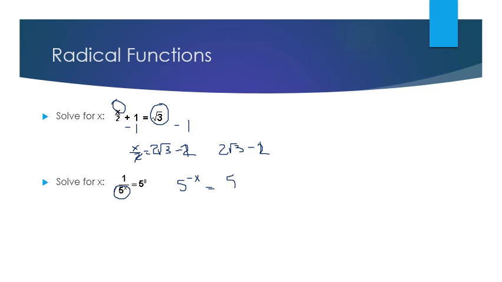And if that equals 5 to the 8th, then I know that this minus x exponent has to equal this 8 exponent in order for them to be equal. So if minus x equals 8, I know that x can be found by multiplying both sides by negative 1, and x will equal negative 8.